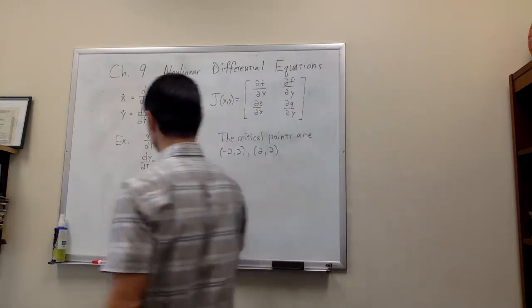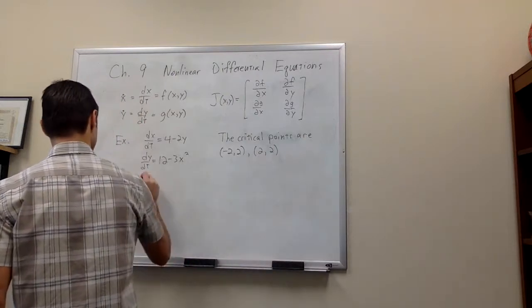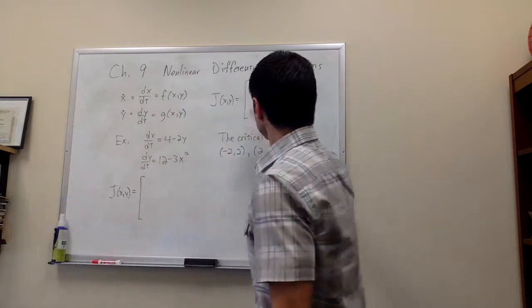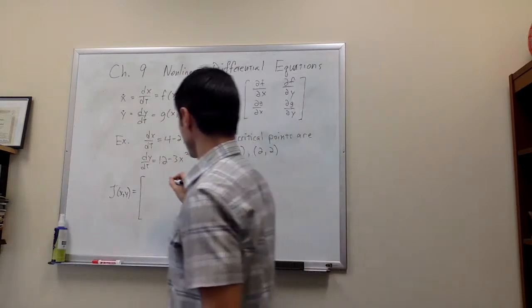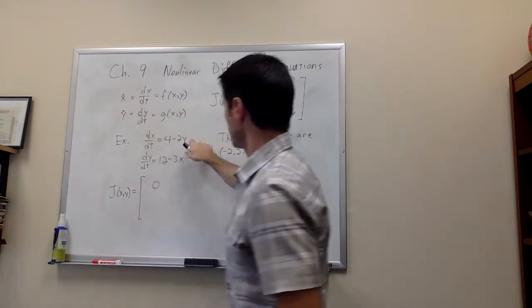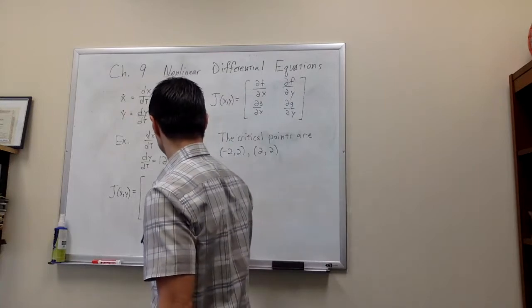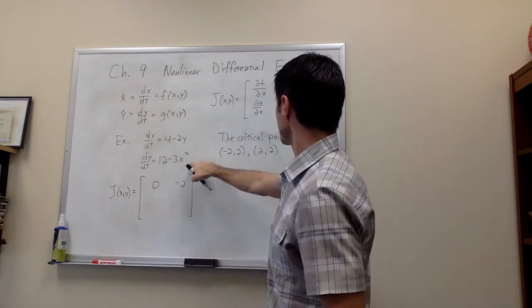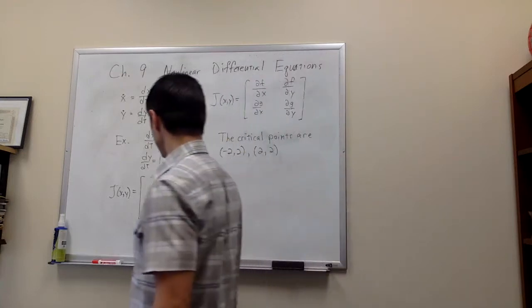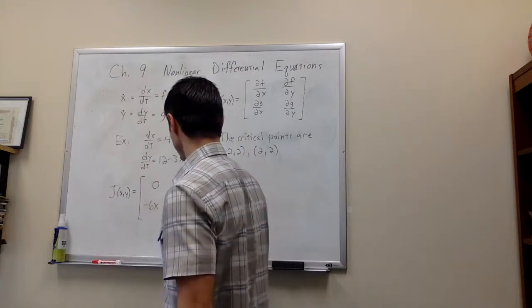So if we take our f and differentiate with respect to x, of course we get 0. And then if we differentiate with respect to y, we get minus 2. If we take the g and differentiate with respect to x, we get minus 6x. And then if we differentiate with respect to y, we get 0.